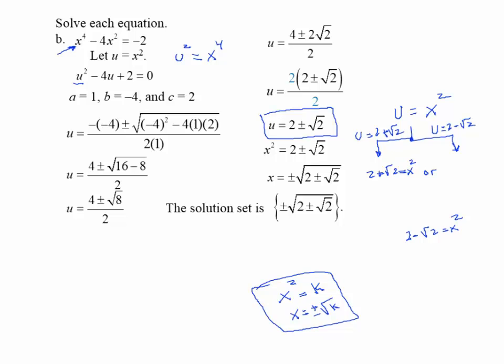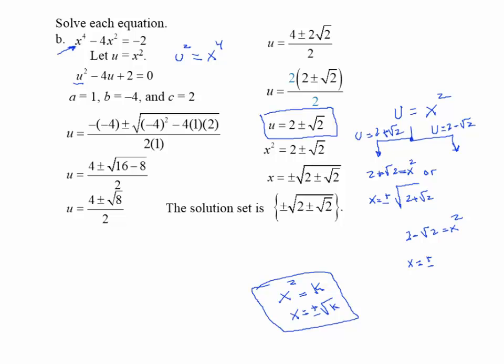Do you remember that? So here, if I take a square root of both sides and put the plus and minus, x would be equal to plus and minus square root of 2 plus radical 2. And this one the same way.